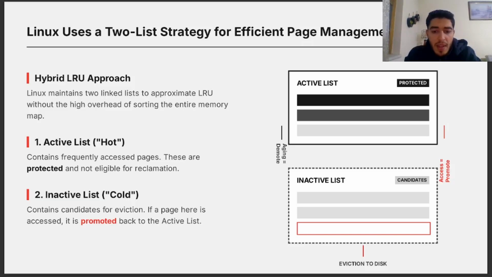The active list contains frequently used pages and is protected, while the inactive list contains less used pages and is ready for replacement. When the system needs to replace a page, it will look to the inactive list. Also, when a page is used again, it moves back to the active list, so it becomes protected. This method gives good performance with low overhead.